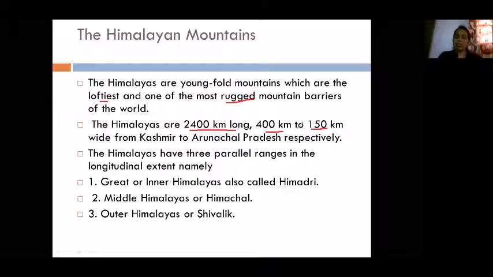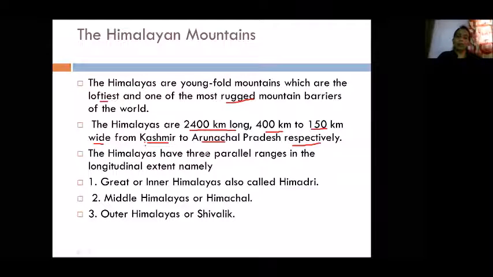In some places the width may be 400, may be more or less. The average width is given as 400 km to 150 km. The Himalaya is wider from Kashmir to Arunachal Pradesh. In the western part it is wide, and in the east it becomes narrower. The 150 km width you will get in the eastern part.